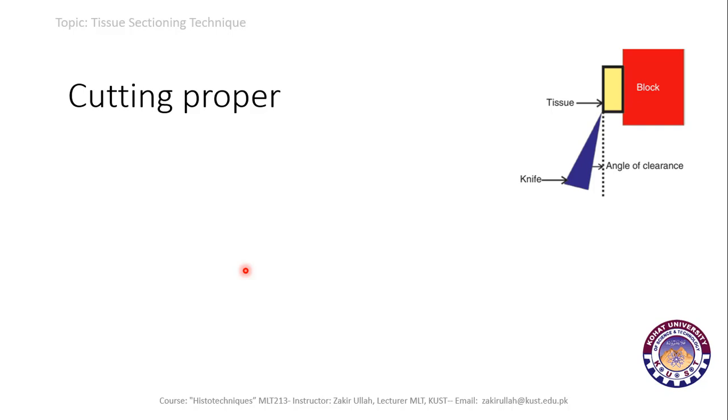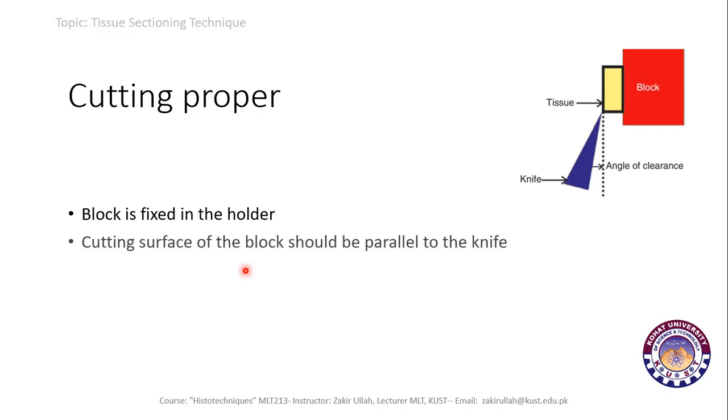How can proper cutting be done with the help of the microtome? First, the block is fixed in the holder. Then the cutting surface of the block is placed parallel to the knife, just as we can see at this angle in this image.